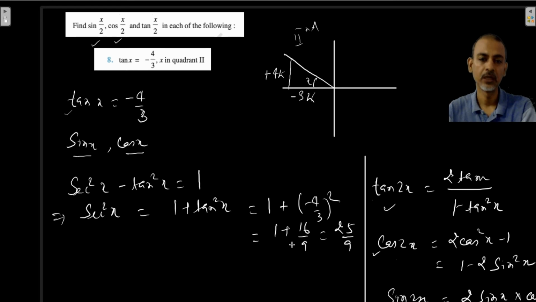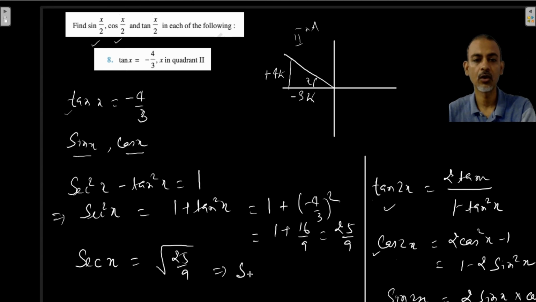If you sum it up, 9 plus 16 would be 25 by 9. So sec x equals the square root of 25 by 9, and this will be nothing but plus and minus 5 by 3.